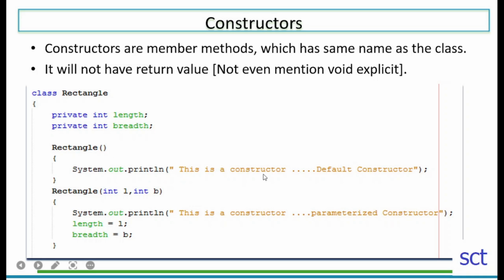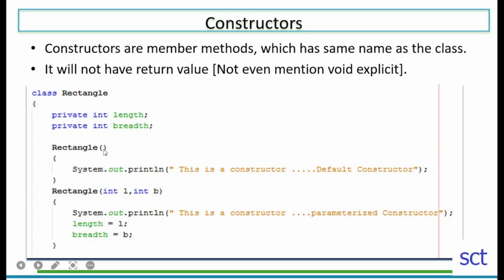I am writing System.out.println. This is the default constructor. And I am also writing another constructor called Rectangle. How is it called Rectangle here? Because Rectangle is the name of the class. With the same name I am writing another function, but this time I am differentiating this Rectangle and this Rectangle by passing these two parameters here.